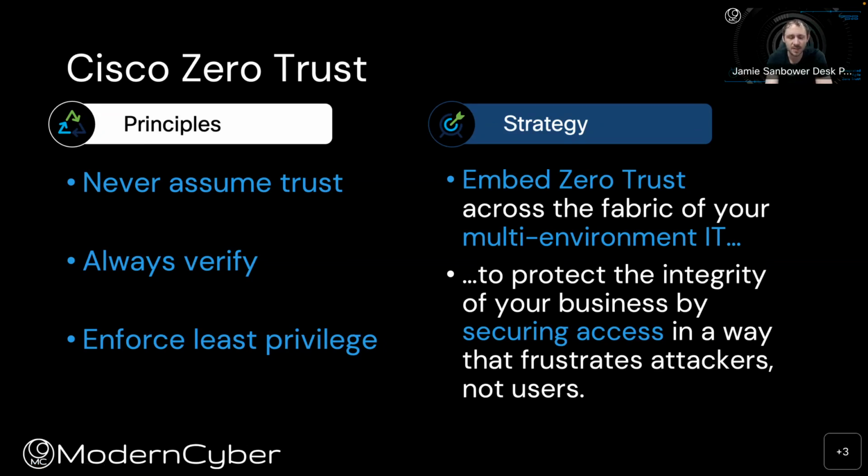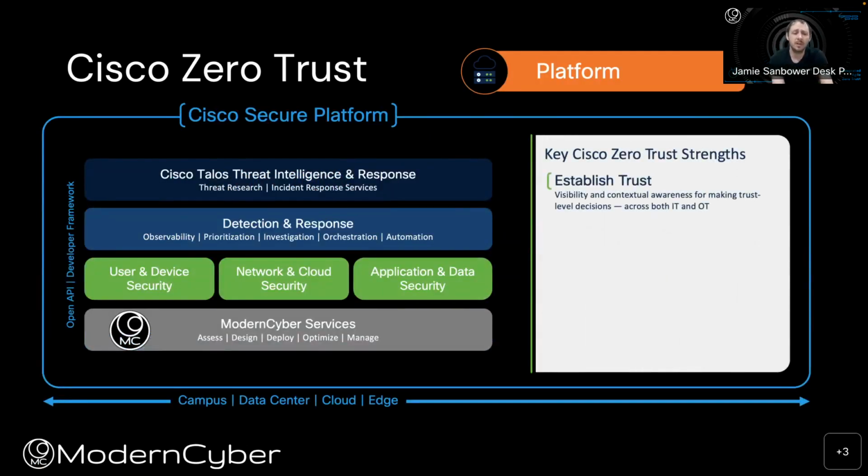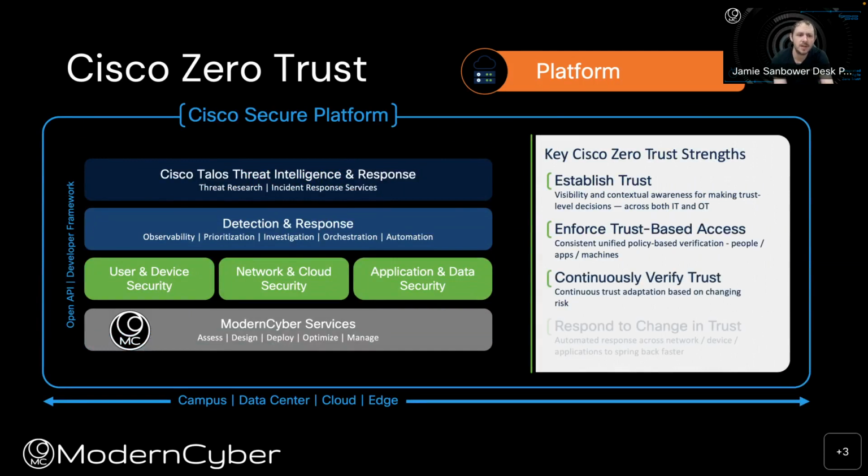And you can see this is a pretty important part of the strategy, which is we want to do this, but we want to do this in a way that's going to give the end users a better experience, not a worse experience.